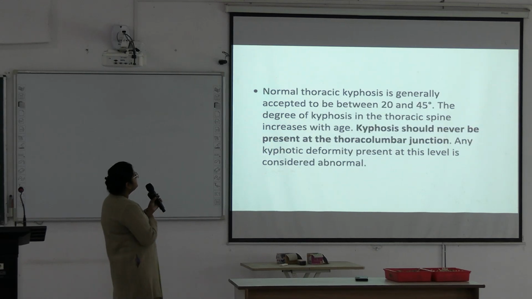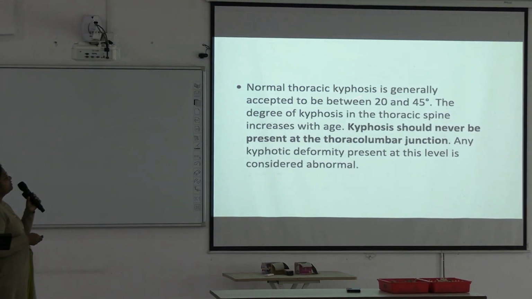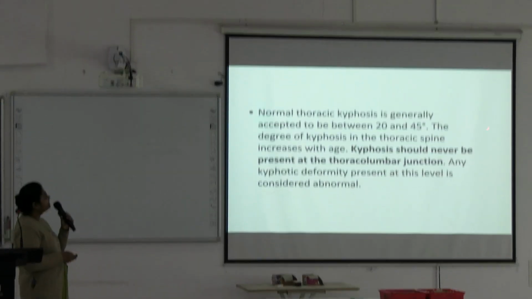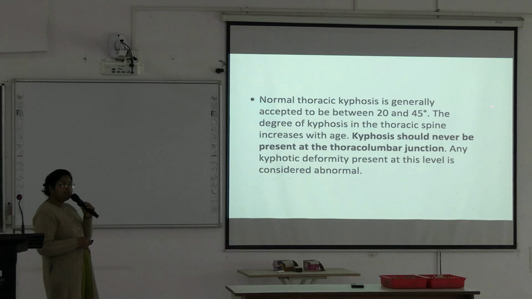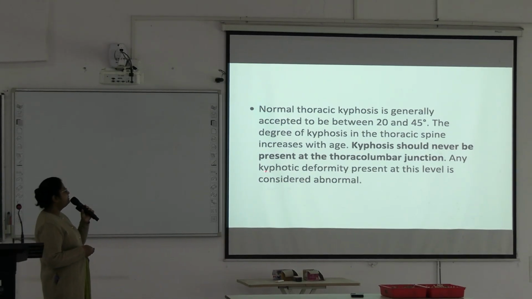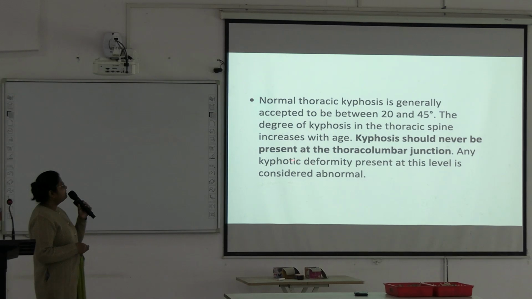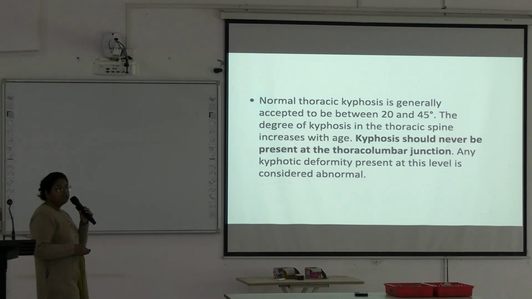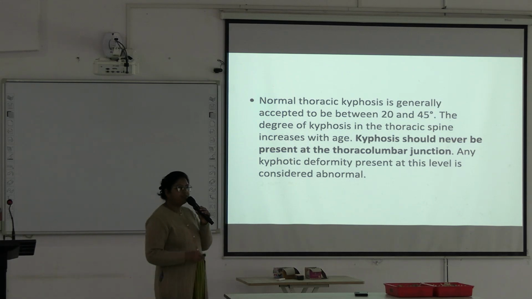Next, normal thoracic kyphosis is generally accepted to be between 20 to 45 degrees, and the degree of kyphosis in the thoracic spine increases with age. Kyphosis should never be present at the thoracolumbar junction, and any kyphotic deformity present at this level is considered abnormal. So that's how you diagnose kyphosis.